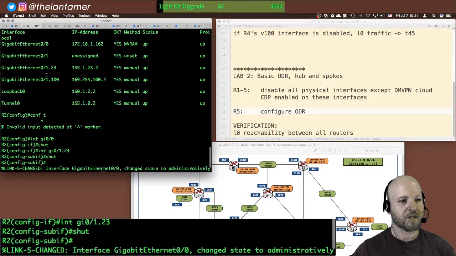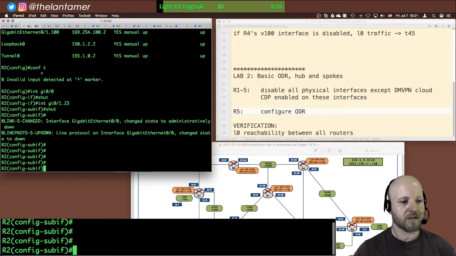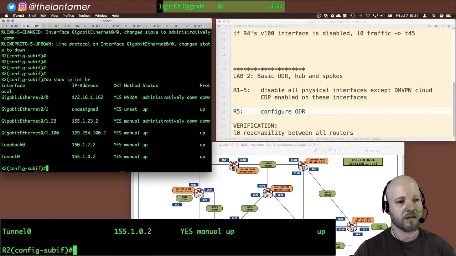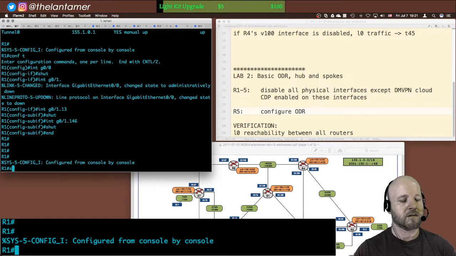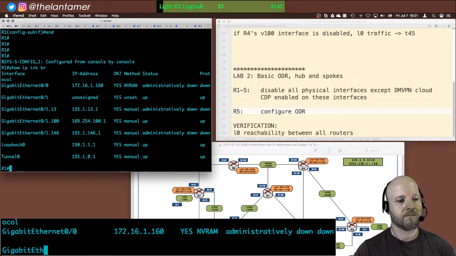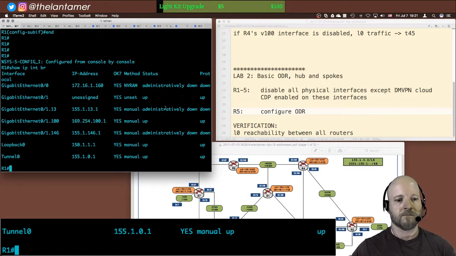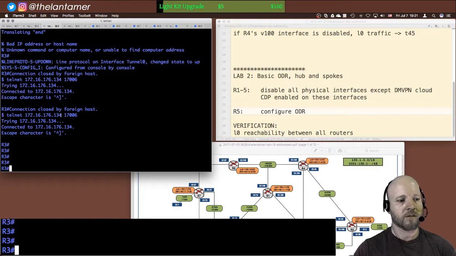Yeah, we just want 0.1 100 up on these, to make sure. So yeah, the only physical interface that is up is the subinterface. Okay, good. Router 3.